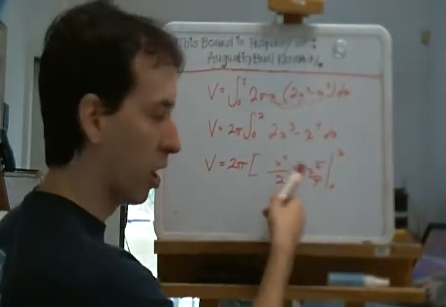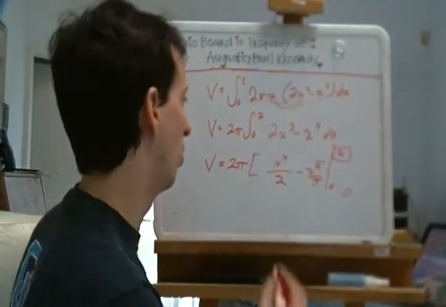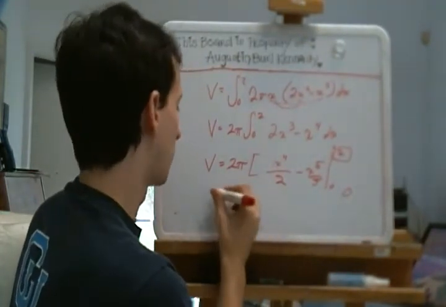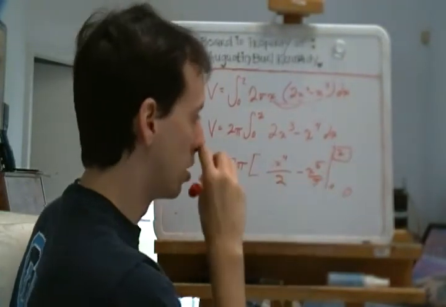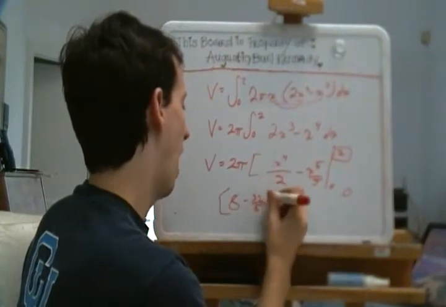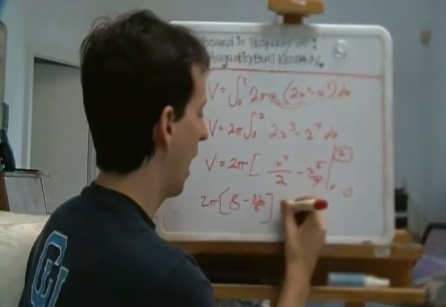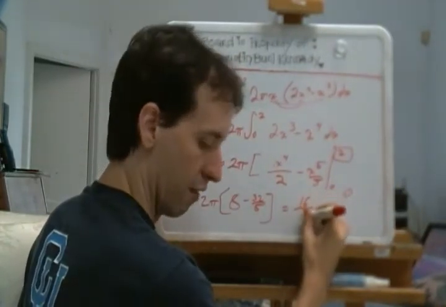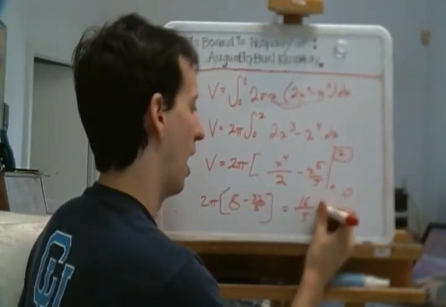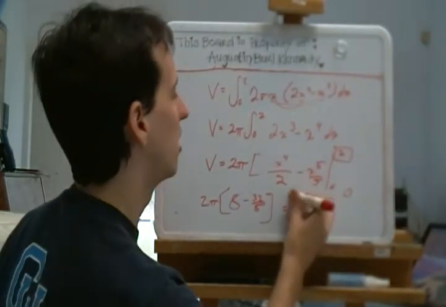We know that 0 plugged in is going to equal 0, so we're just concerned with what it is at 2. 2 to the 4th is 16, over 2 is 8, minus 2 to the 5th is 32, over 5, times 2 pi, and we get 16 fifths pi. And that's it. That's all we needed to do.